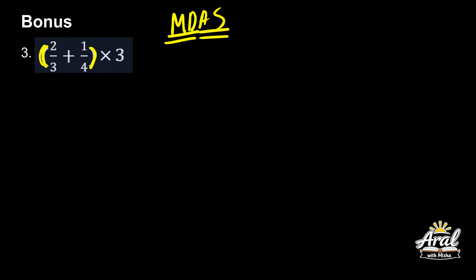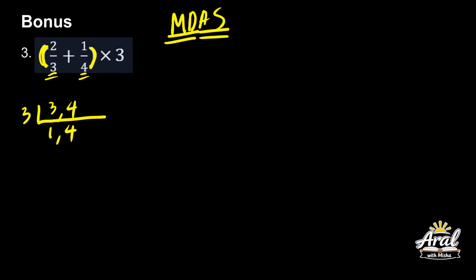Alright? Kung natandaan nyo sa previous lessons natin, in order to get the addition of fractions with different denominator, you first need to get the LCM. Least common multiple. 3 and 4. So, multiply mo na lang yan. Wala na eh. Yun yung talagang wala na siyang common factor. So, 3 times 4 is 12.